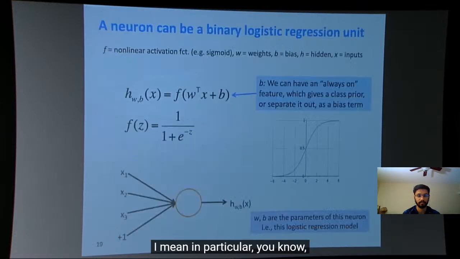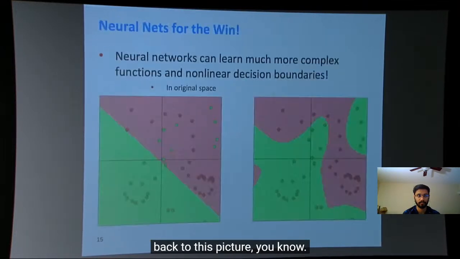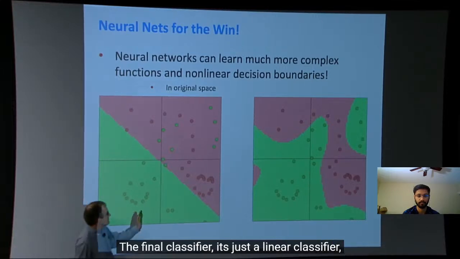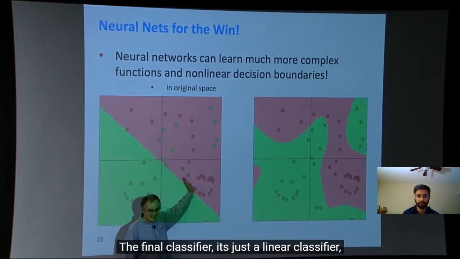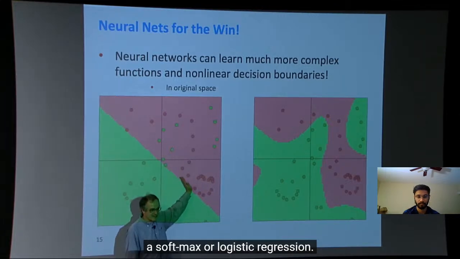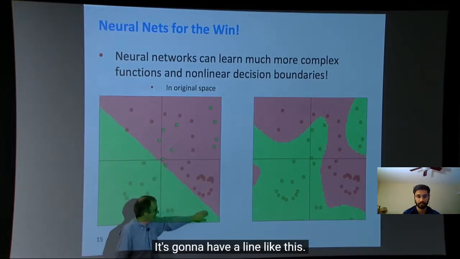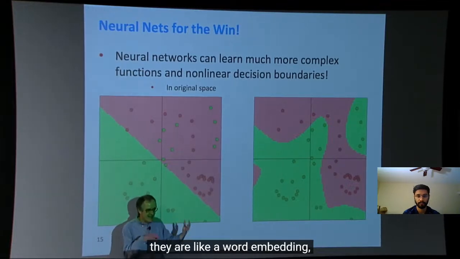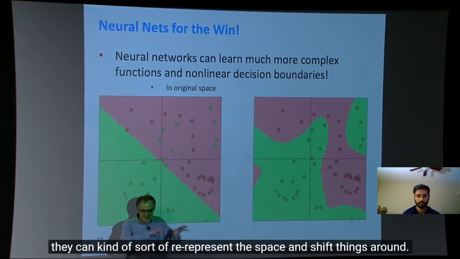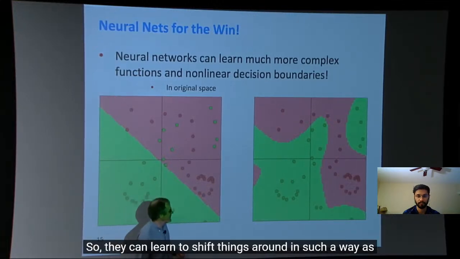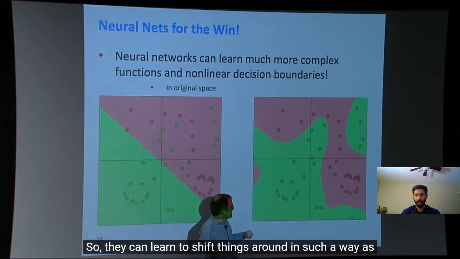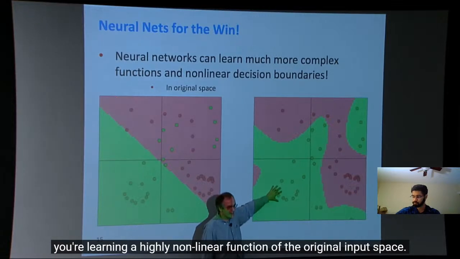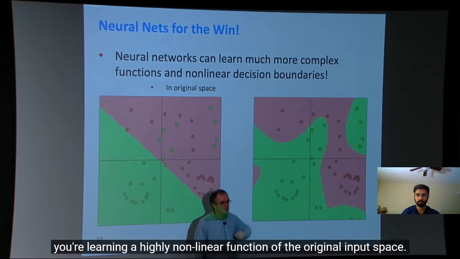And in particular, back to this picture, the final classifier is just a linear classifier, a softmax or a logistic regression. It's going to have a line like this. But if the intermediate classifiers are like a word embedding, they can re-represent the space and shift things around. So they can learn to shift things around in such a way that you're learning a highly nonlinear function of the original input space.